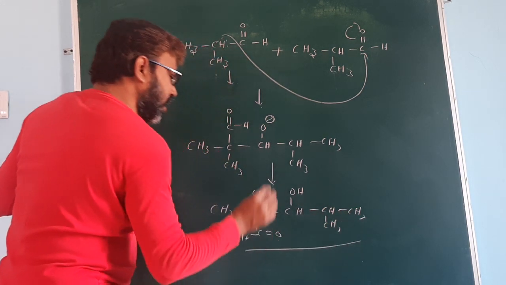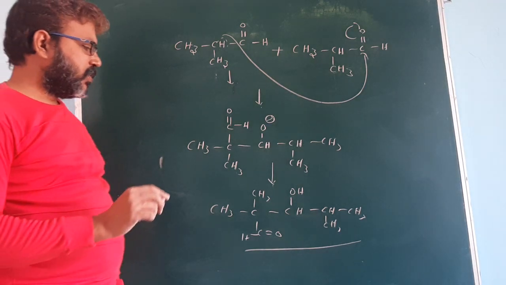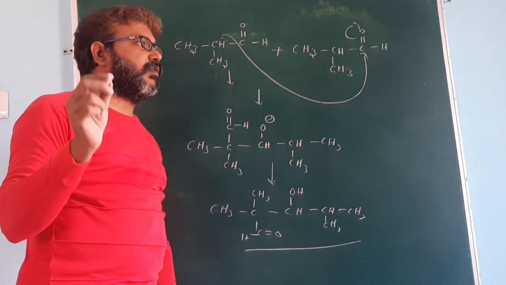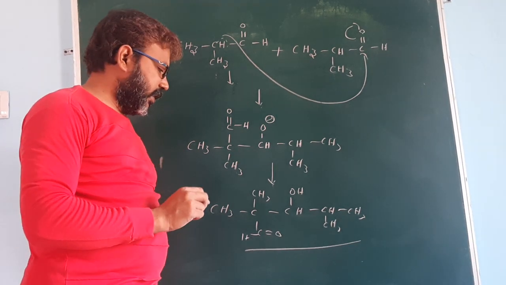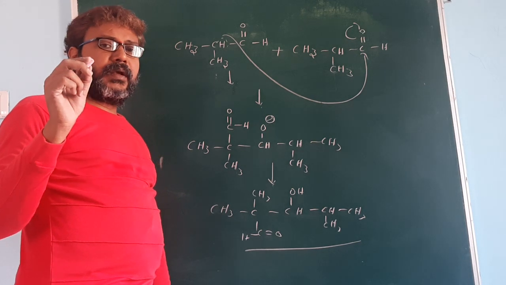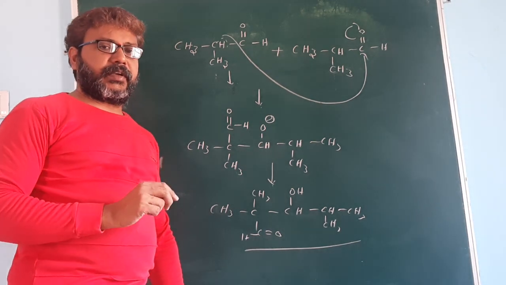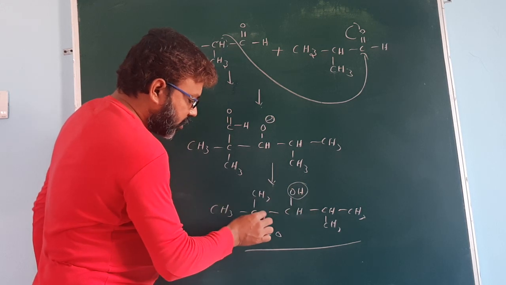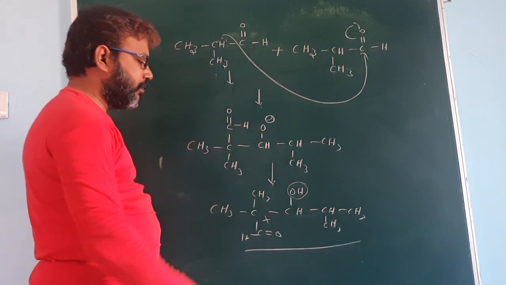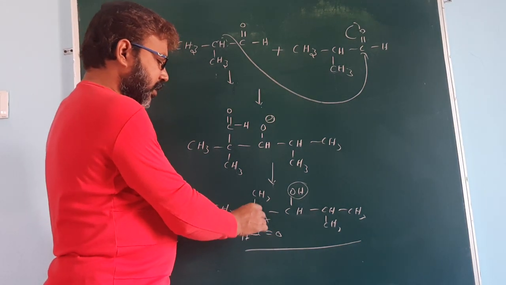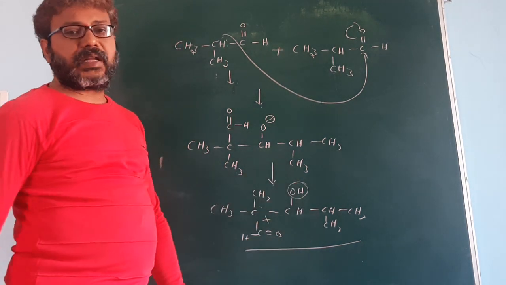So it is an aldol reaction, not a condensation reaction. Condensation means it loses a small molecular weight substance like water or NH3. In aldol condensation, the product is alpha beta unsaturated. But here it cannot undergo condensation reaction because of the absence of hydrogen. There is no hydrogen, so it cannot undergo condensation reaction.